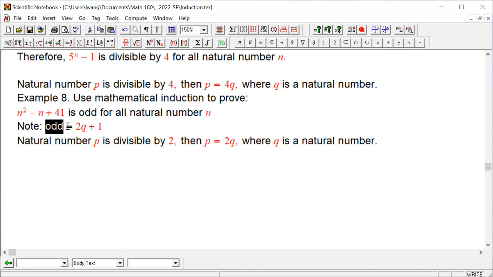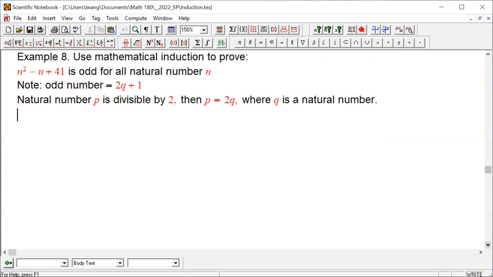An odd number can always be written as an even number plus 1. So that's the hint. If you want to prove it yourself, you may like to pause the lecture and try on your own. Make this a little challenge for you.